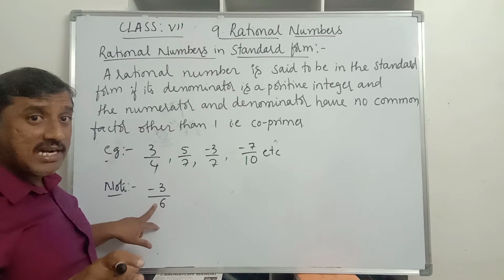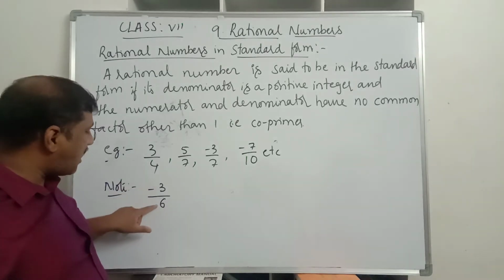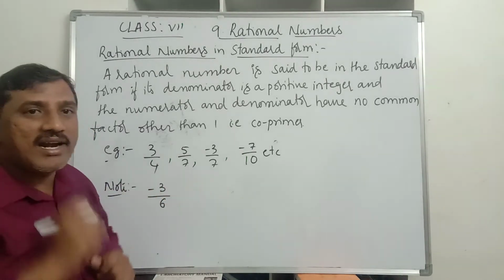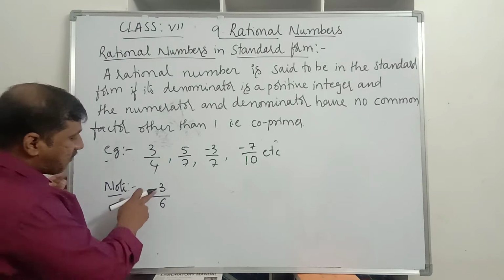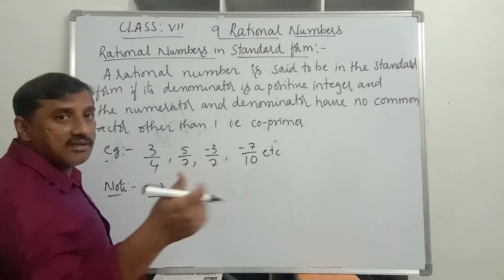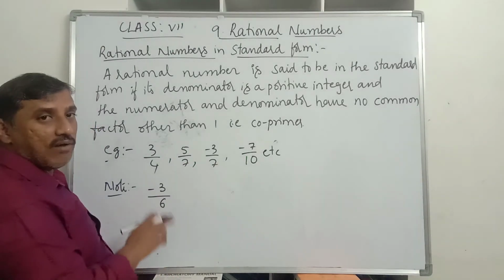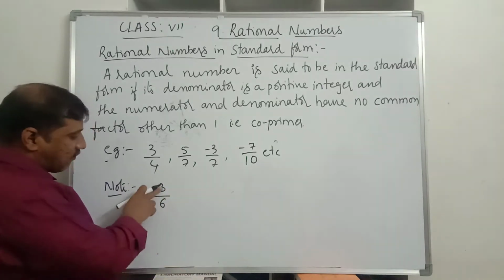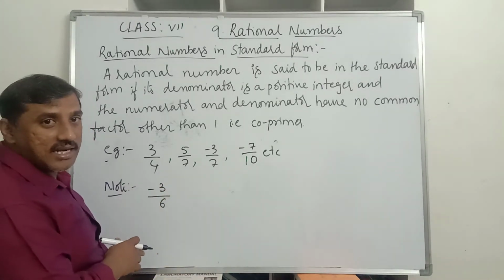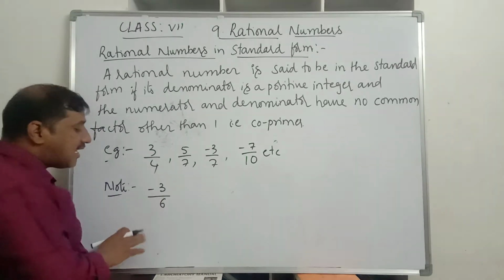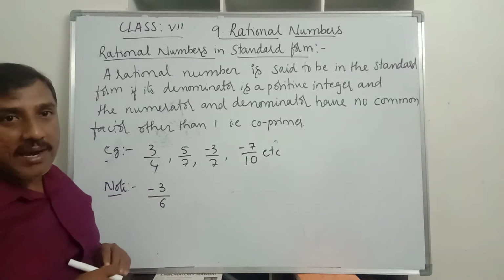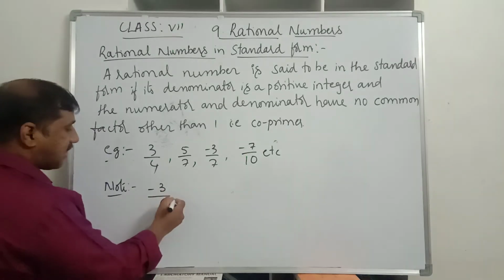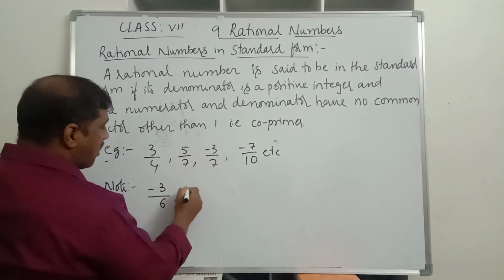The second one: both numerator and denominator should have only 1 as the common factor. What are the factors of 3? 1 and 3. Factors of 6: 1, 2, 3, 6. Here two common factors are there, 1 and 3. That is, 3 and 6 are not co-primes.